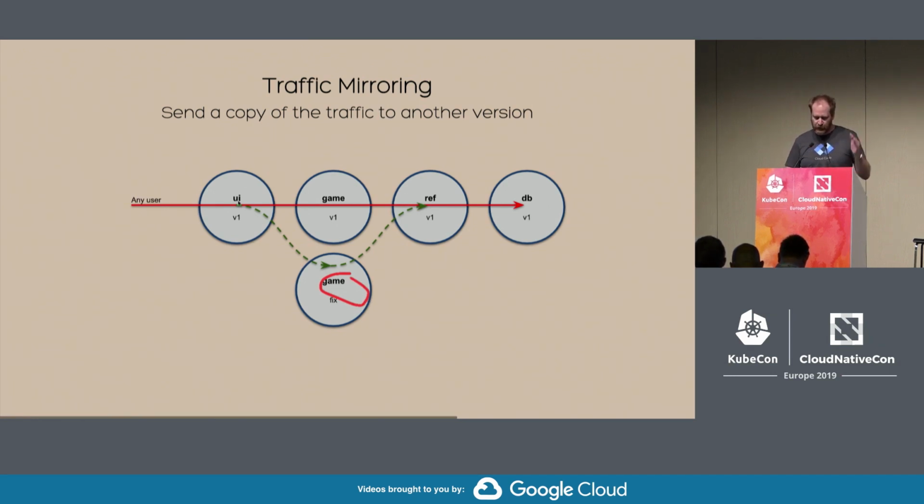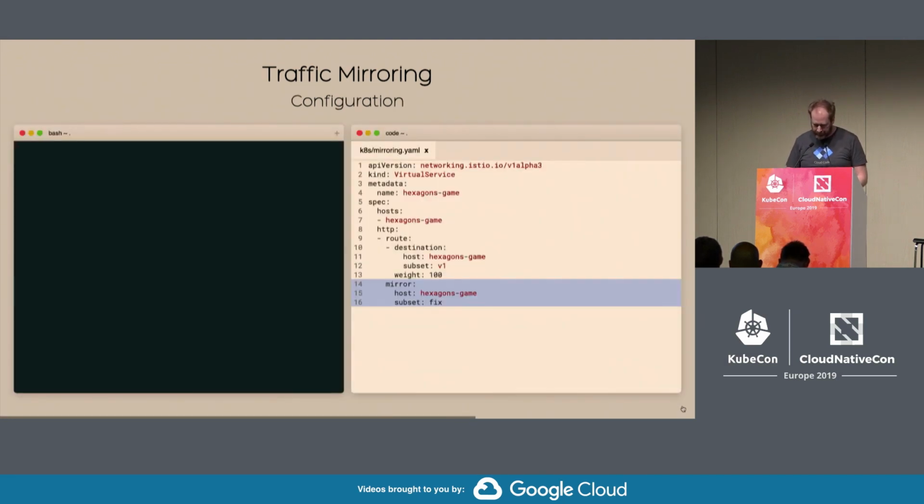So the UI is going to send the same query to the V1 version of the game and to the fixed version of the game. The green line is going to be async, so that I don't block my users. I can then open my dashboards and see if the fixed version would behave correctly in front of all the users. This is the kind of question that I can answer.